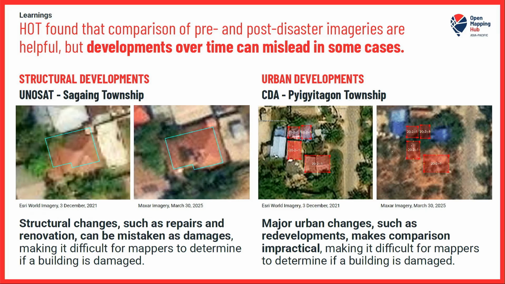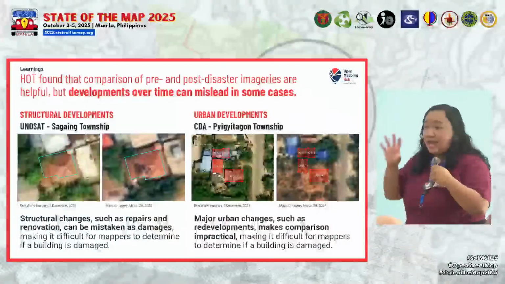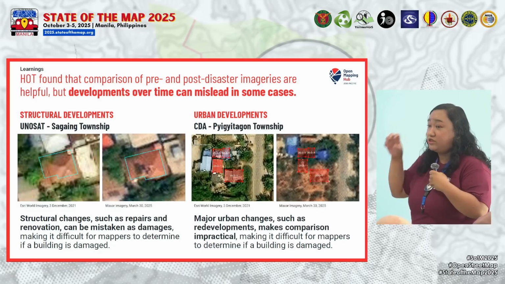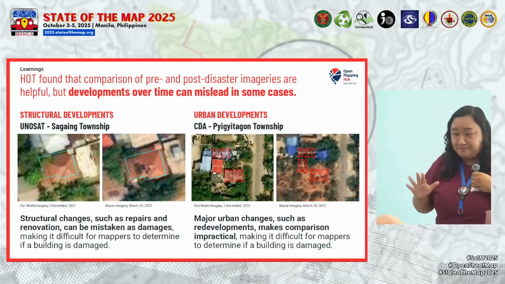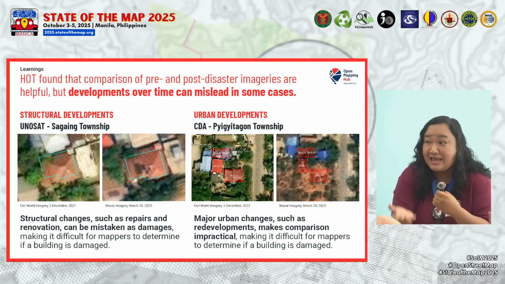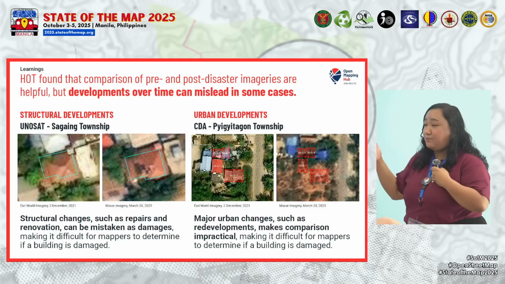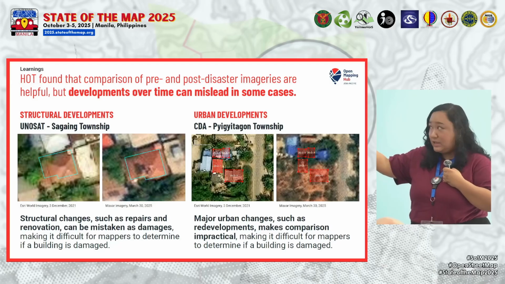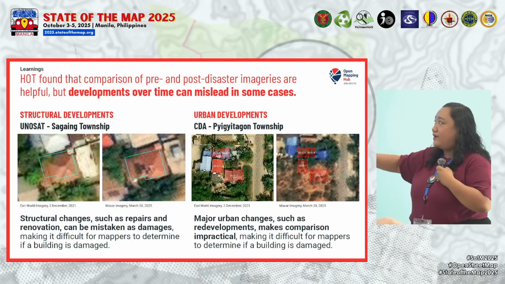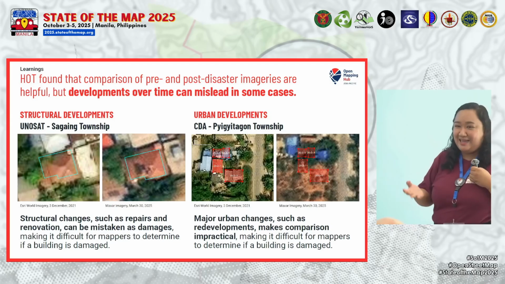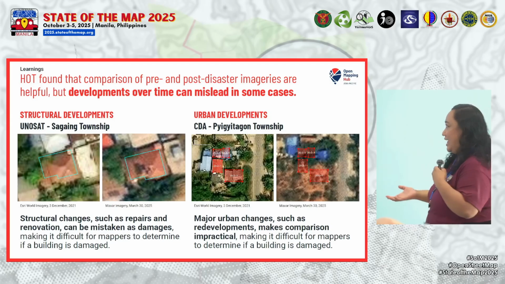But as a human, and also if you have the local knowledge, you will know that it is just a structural development on top. Yes, it can be a chicken coop. So it's really not damaged, but AI models detected it as such. So this is very important. That's why CDA came to life.